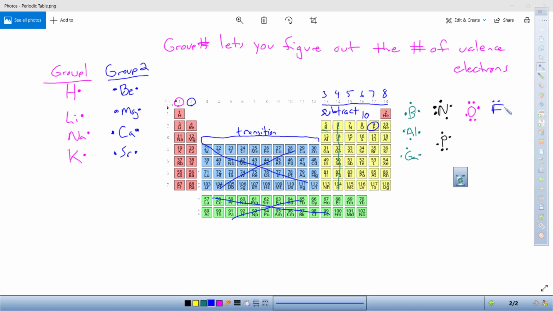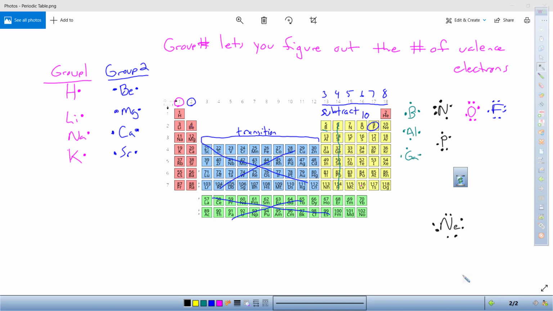And so 1, 2, 3, 4, 5, 6, 7. And then lastly, all the way to group 18, they have 8 valence electrons. So I'm going to go with neon. And so 8, there's 1, 2, 3, and 4. Now I can double up 5, 6, 7, 8.